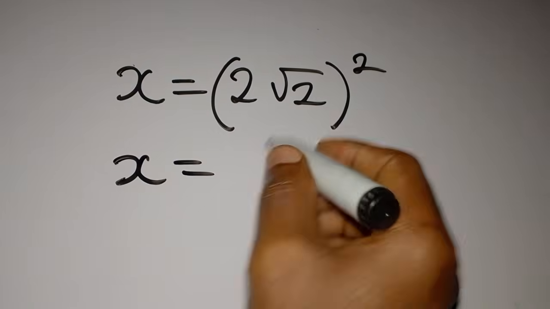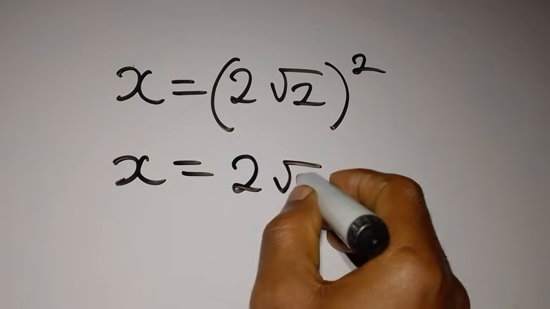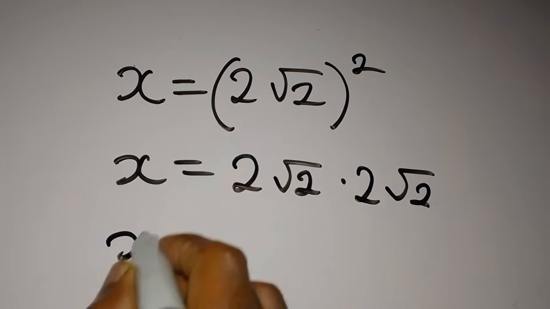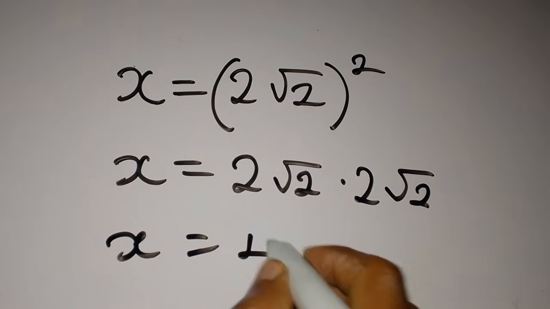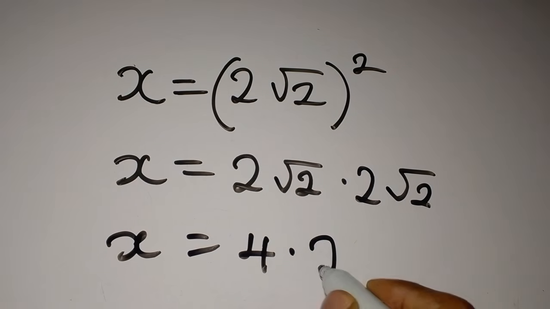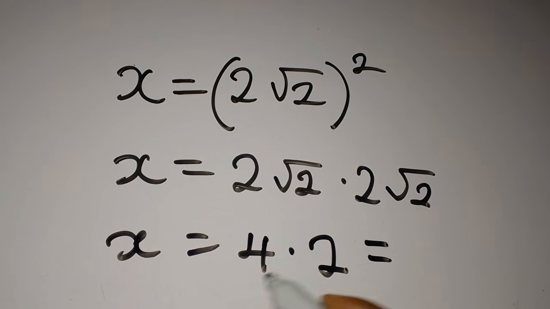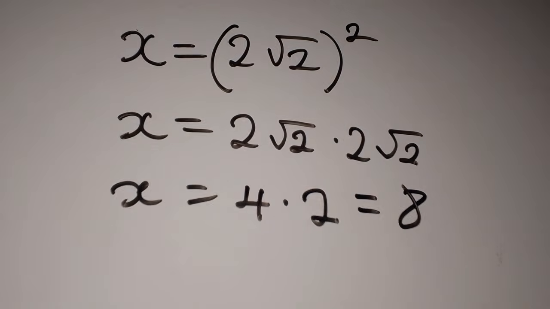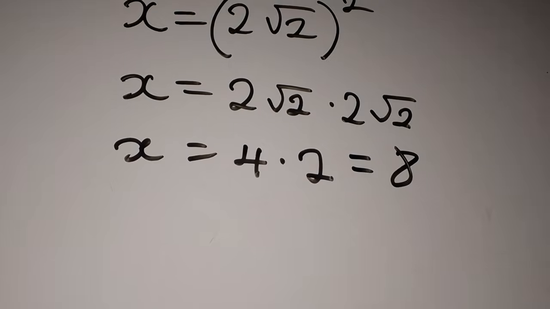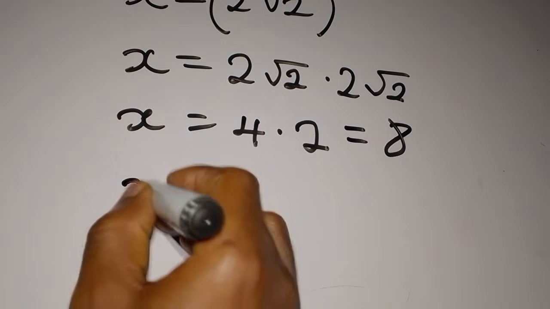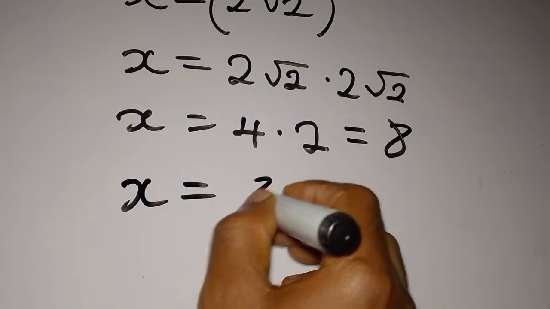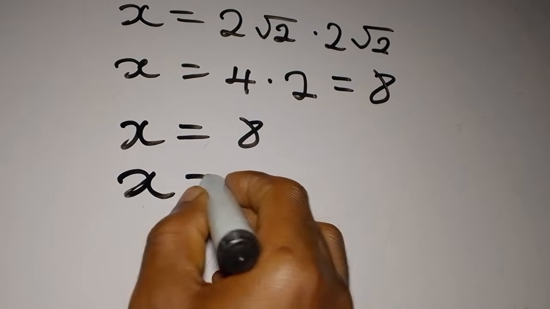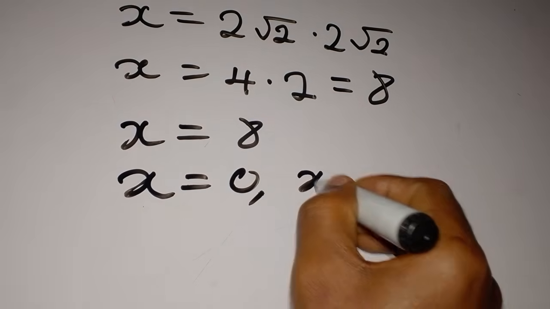To simplify this, we have 2 root 2 multiplied by 2 root 2. So our x will be 2 times 2 is 4, then root 2 times root 2 is 2, and then 4 times 2 is 8. So this is the only solution from the second method. The second method says that x is equal to 8. And from the first method, we got x to be 0 and then 8.